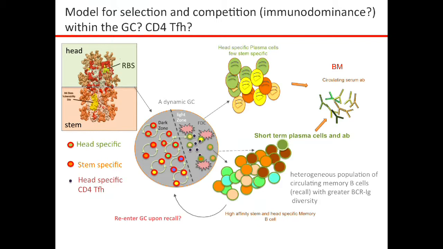So the stem-specific B cell responses are using CD4 help from the head. Thus, they get selected against. So head-specific plasma cells, there's few stem, but there's a lot of head here, and they go off and they go to the bone marrow, and they go into the circulation. So you have circulating antibody.